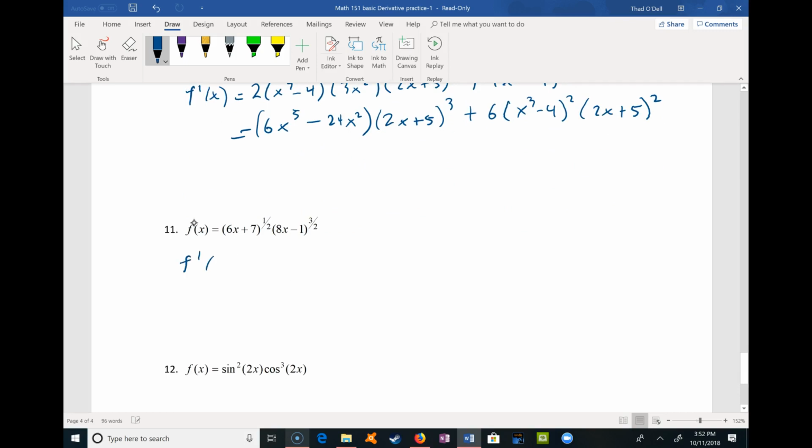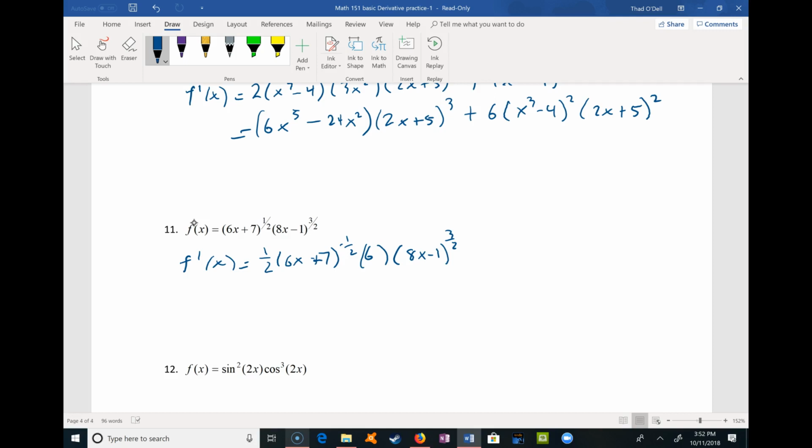F prime of x. The derivative of the first would be 1/2 times 6x plus 7 to the negative 1/2 times 6 times 8x minus 1 to the 3/2.